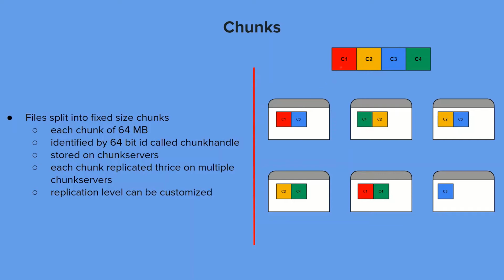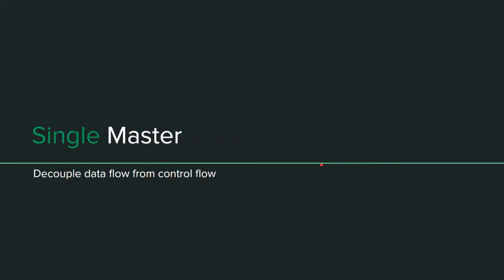These chunks are stored on different chunk servers, and each chunk is replicated on multiple chunk servers. The default value for replication is 3, so each chunk will have at least 3 replicas, but this can be customized by the client.